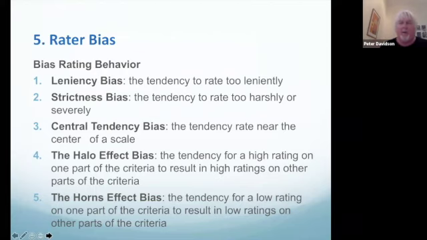Central tendency bias. I think everyone's guilty of this. This is the tendency of everyone to rate near the center of the rating scale. So I've just been doing a whole bunch of MSAT essays lately. And I think it goes to, does it go to 5 or 6? I think it goes to 6 maybe. So say it goes to 6.